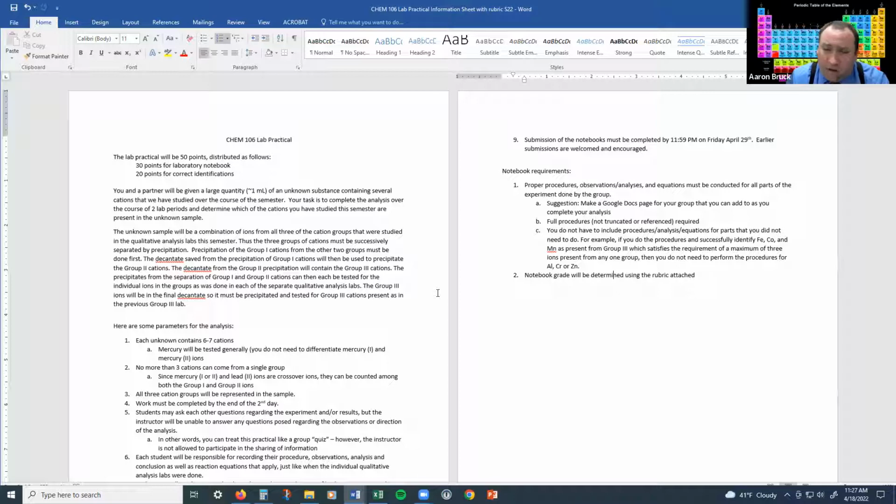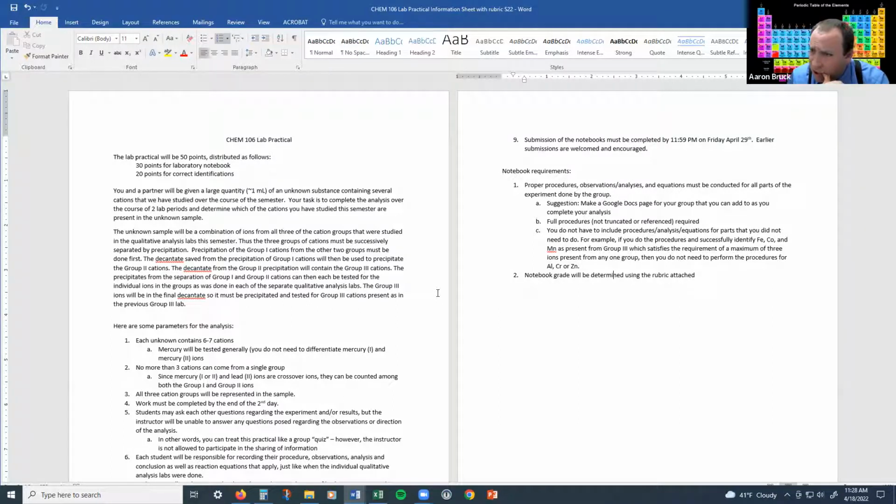Another important note is that mercury, we are testing for broadly, meaning we're going to take an assumption as your professors that some of the mercury is going to transform in solution. So we can't be too certain that if we put mercury 1 in there, that some of it wouldn't turn into mercury 2 over time.